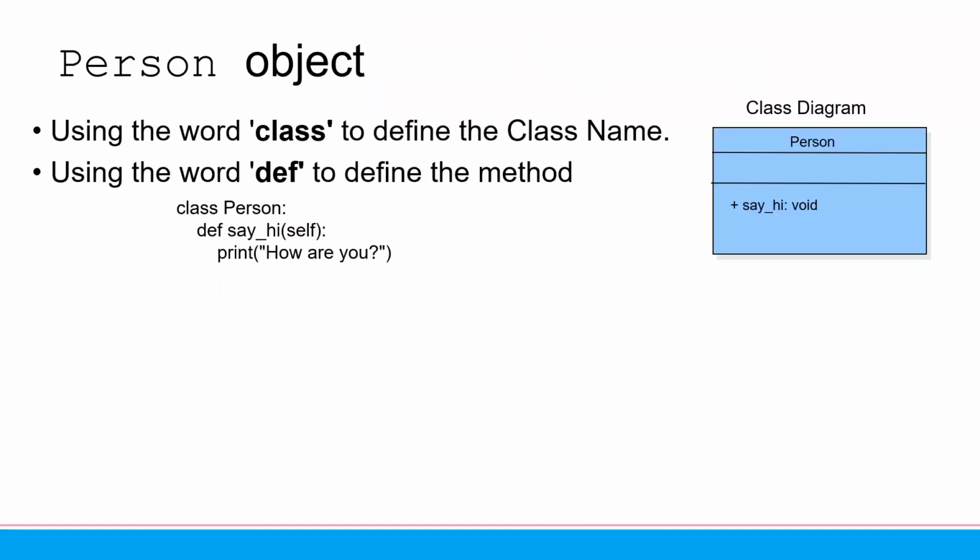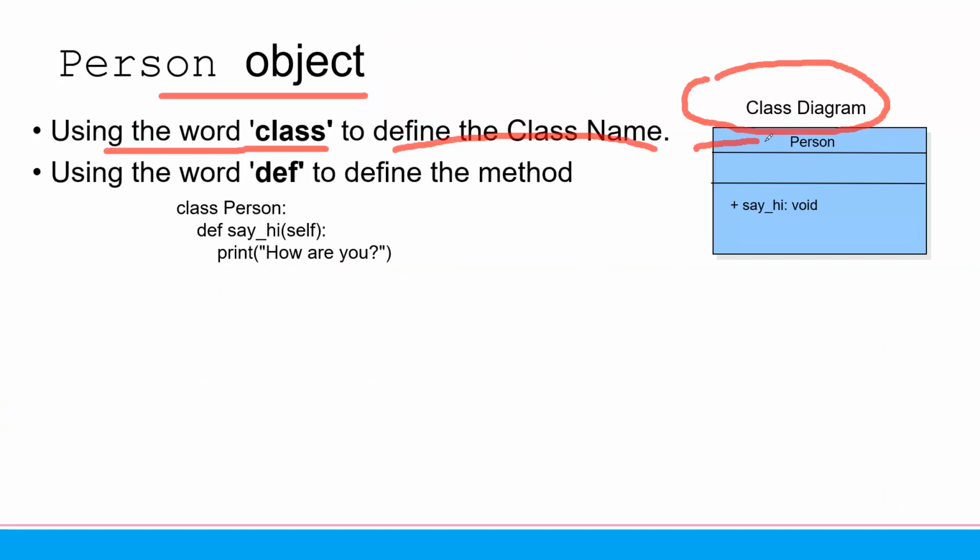So let's say I have a person object. One person is one object. I can define it with the word class, which defines the class name. Suppose this is a class diagram, and this is the class name.